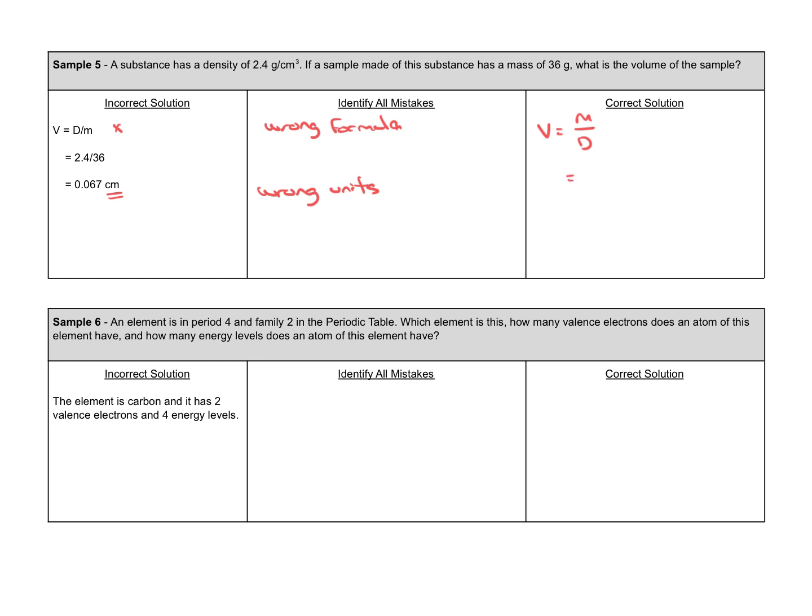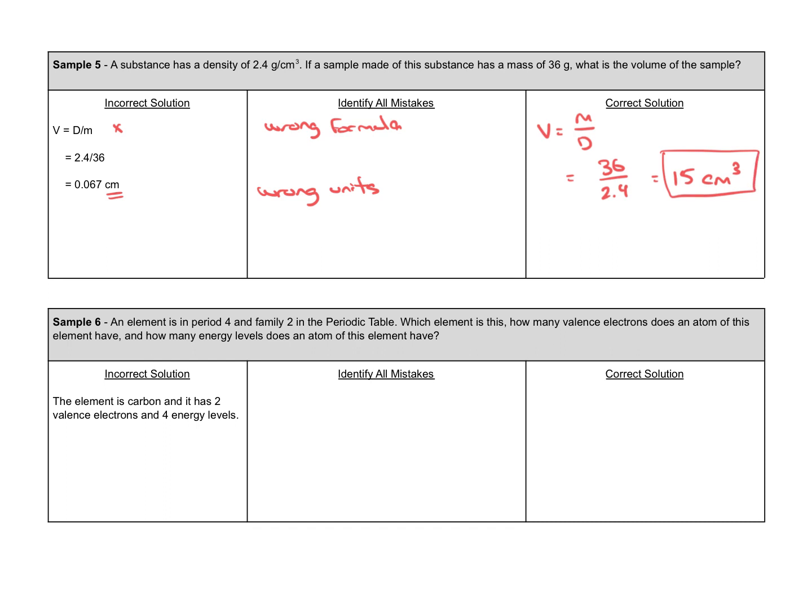So they had it flipped. So it's really 36 divided by 2.4. And that can go in the calculator, which gives 15. And the correct units for volume would be centimeters cubed. So there would be the correct solution.